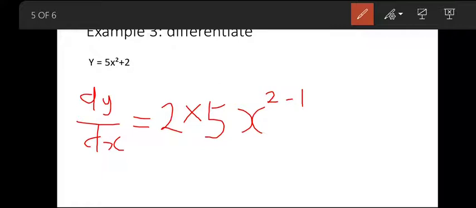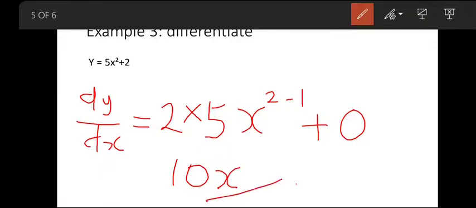So whenever we are differentiating a number without a variable, the x is called the variable, it is always 0. So we say plus 0. So the 2 becomes 0. So now we say 2 times 5, which is 10, x, 2 minus 1 is same thing as 1, plus 0. So 10x plus 0 is same thing as 10x. So this is our final answer. So the derivative of 5x squared plus 2 is 10x.